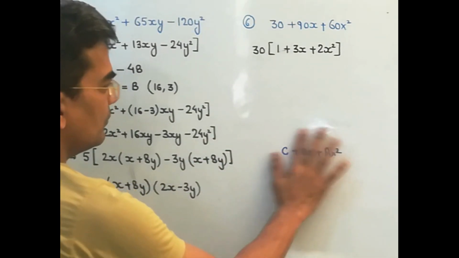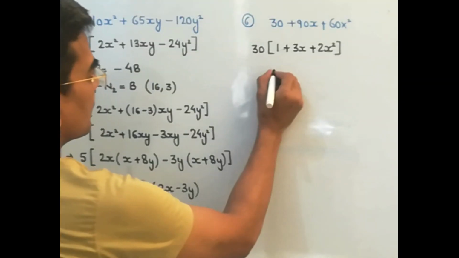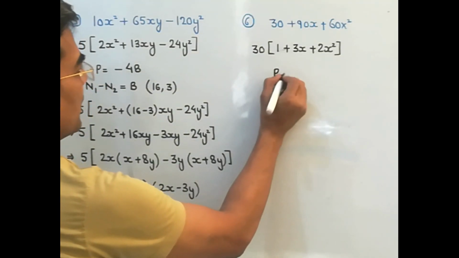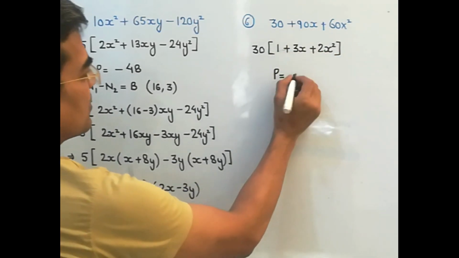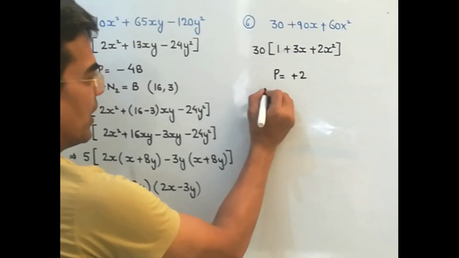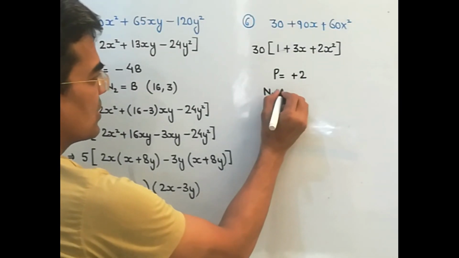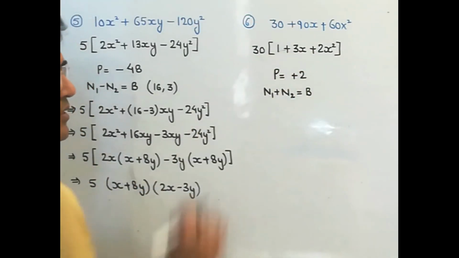Okay. So what will be the product over here? Product over here will be A and C, that is plus 2. If product is positive, then you require two numbers whose sum should be equal to B, and B is 3.